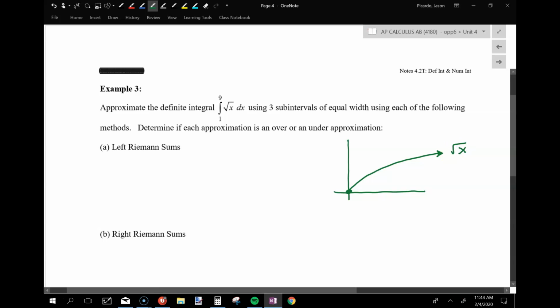So I want the area under the curve between 1 and 9. Here's my 1. Here's my 9.